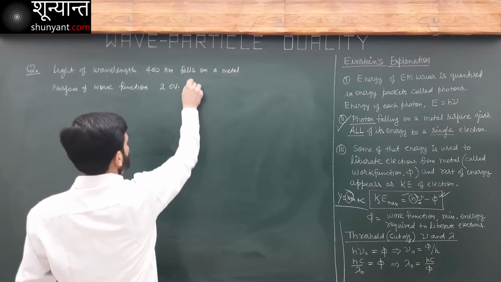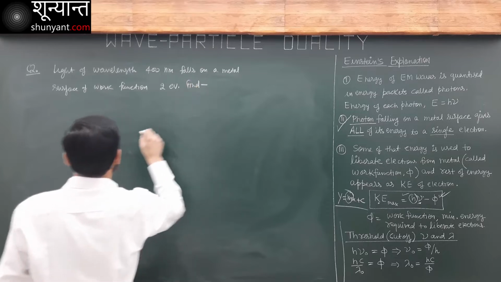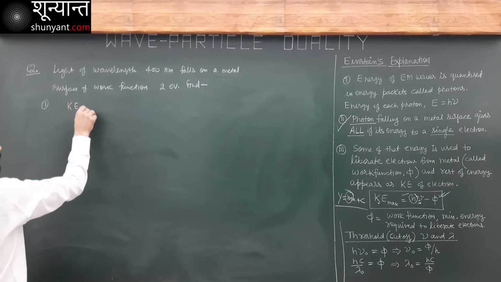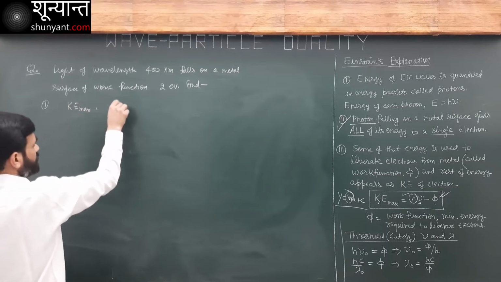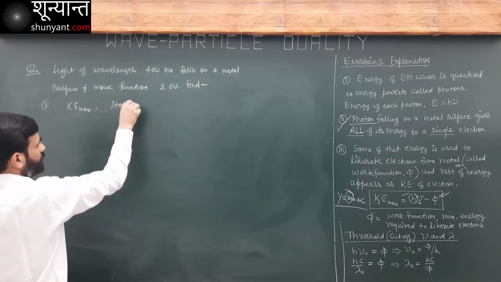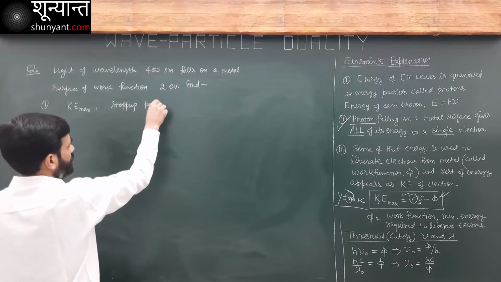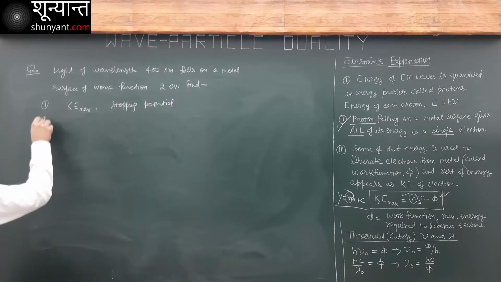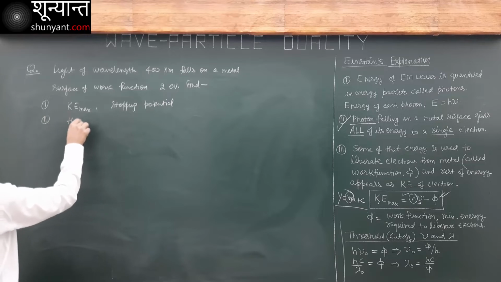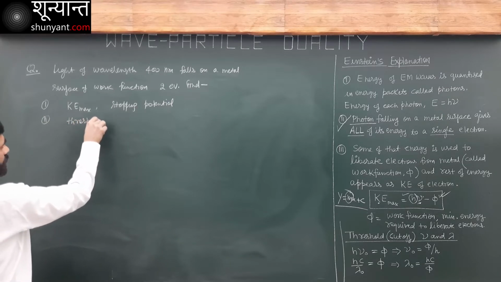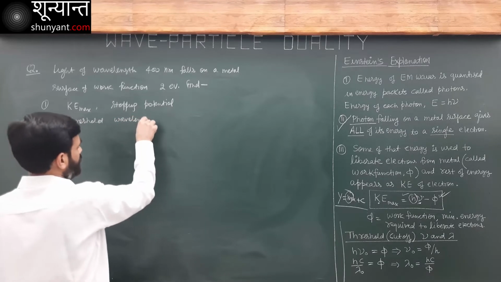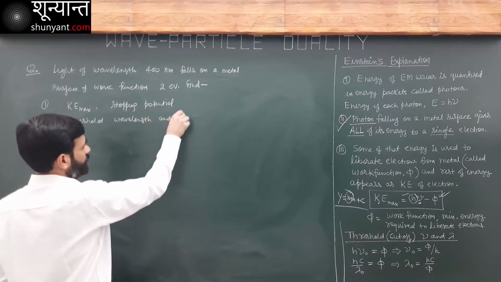Find first the maximum kinetic energy and stopping potential. Second, the threshold wavelength and frequency.